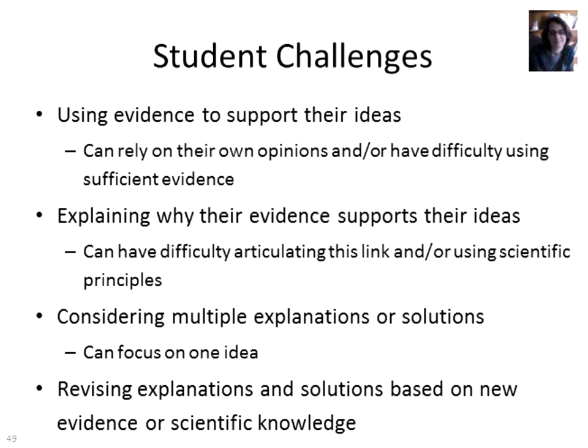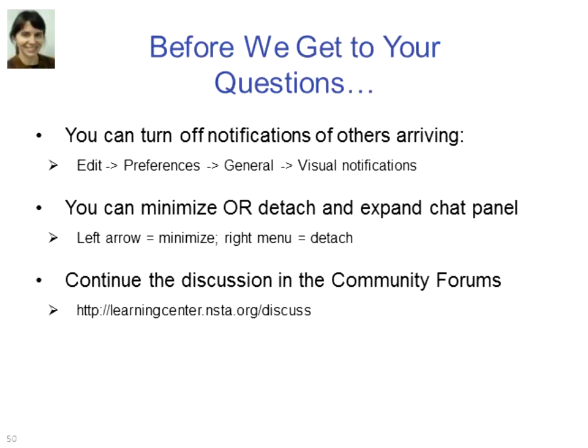So these are all aspects of these practices that can be particularly challenging in the classroom. And so we wanted to move on to the next section, which is going to be around designing learning environments or activities and supporting the kids in these challenges.